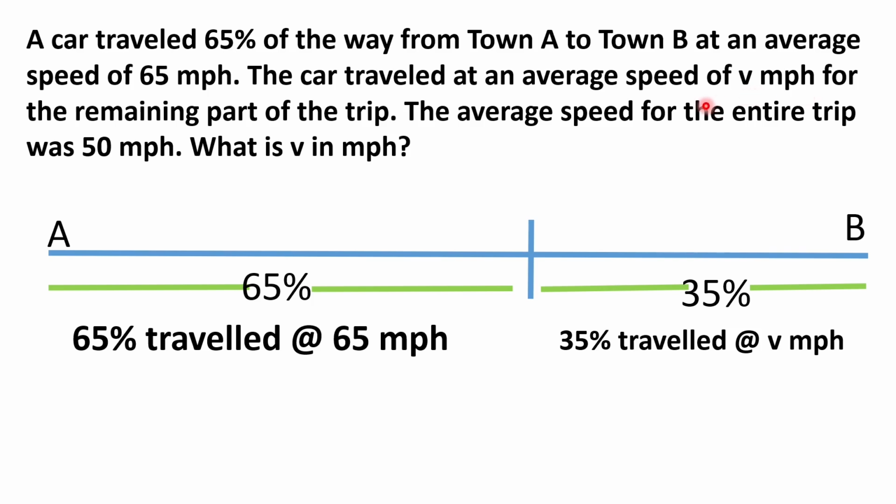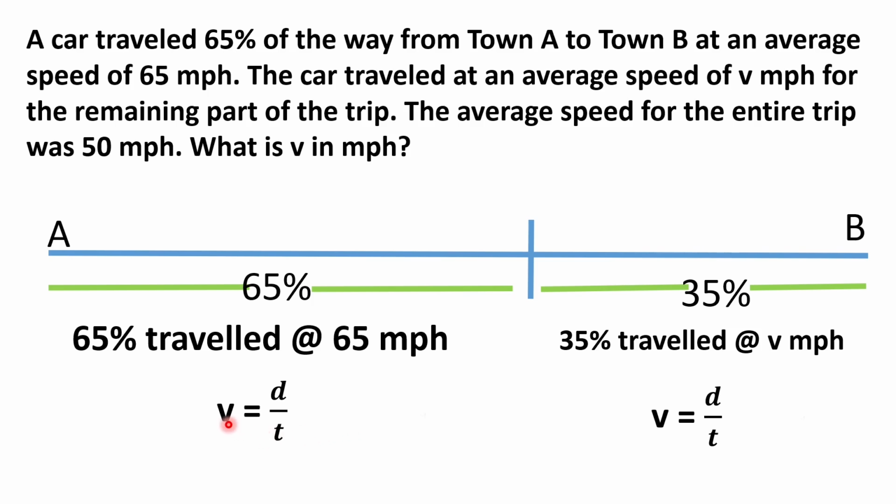Now we will use the general formula, which is V equal to d divided by t. This is the speed formula, and we have studied this formula in physics. V is velocity or speed, d is distance, and t is time. Similarly, we will also use this formula for the other portion of the question.